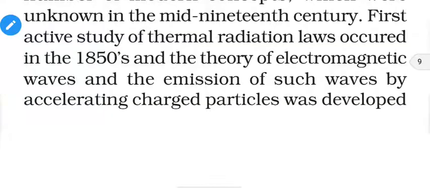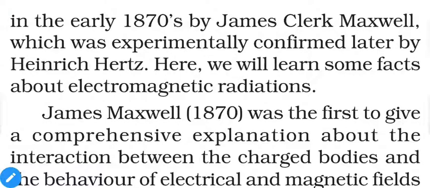The first active study of thermal radiation laws occurred in the 1850s, and the theory of electromagnetic waves and emission of such waves by accelerating charged particles was developed in the early 1870s by James Clerk Maxwell, which was experimentally confirmed later by Heinrich Hertz. Here we will learn some facts about electromagnetic radiation.